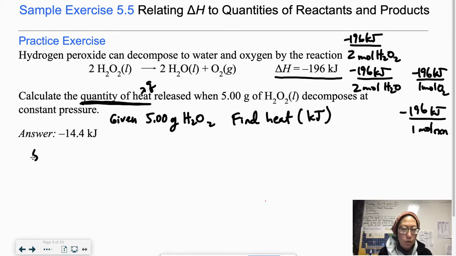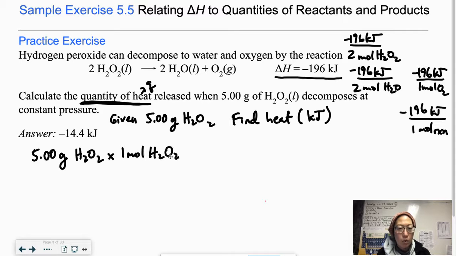So what I'm going to do is take my 5 grams of H2O2, and I'm going to have to find a way to relate this to my equation and to my heat. So first off, in order to use this thermochemical equation, we need to change our 5 grams of H2O2 to moles. So first I'm going to convert my grams to moles by dividing by the molar mass. And then that will get rid of my grams, but now I need to relate moles to energy. So I take a look at the different things.